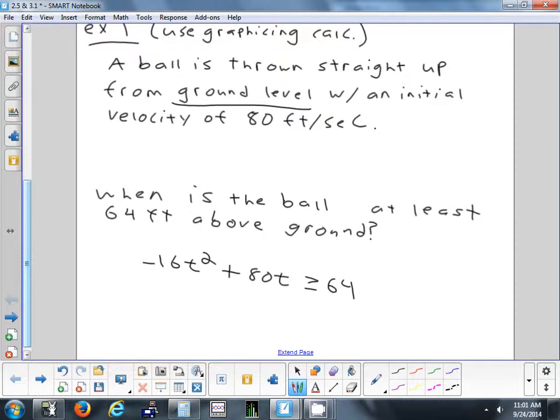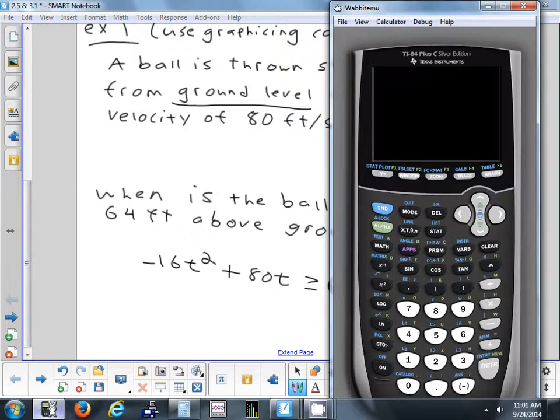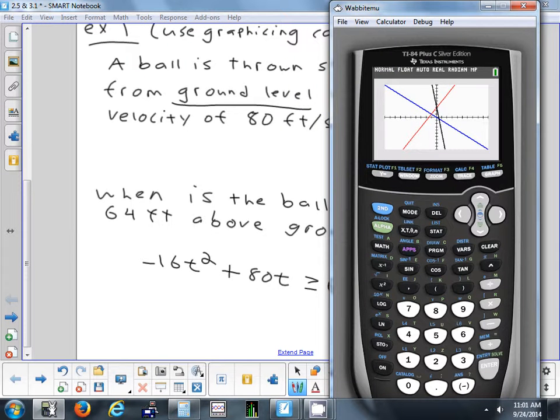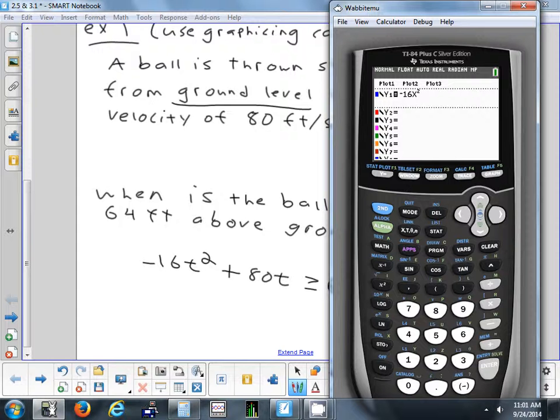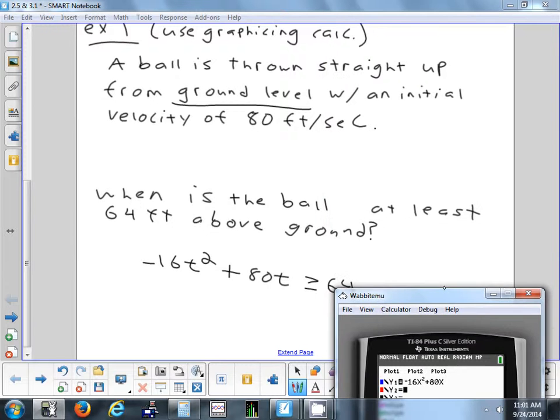Okay, so let's graph it. We'll graph the left side in y1. So negative 16. Remember, for your variable, you have to use x on the calculator. And the other side, 64.